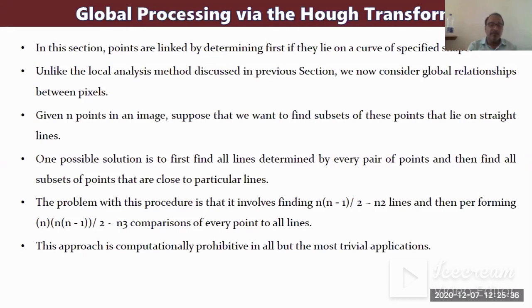Okay, so this approach is computationally prohibitive in all but the most trivial applications. It is a time consuming task because it requires more comparisons.